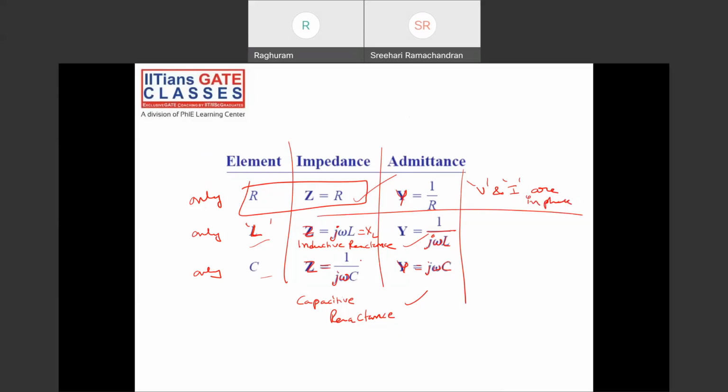In case of an inductor, I lags V by 90 degrees, or V leads I by 90 degrees. In case of a capacitor, it is the opposite: I leads V by 90 degrees, or V lags I by 90 degrees.